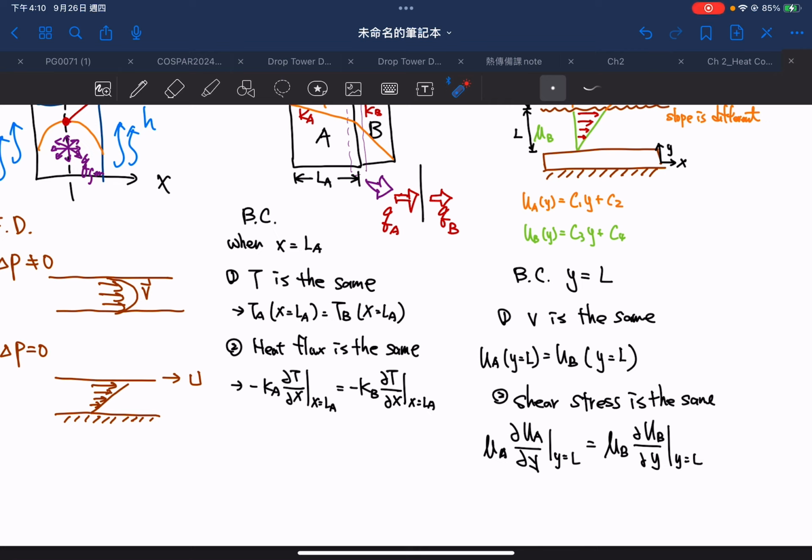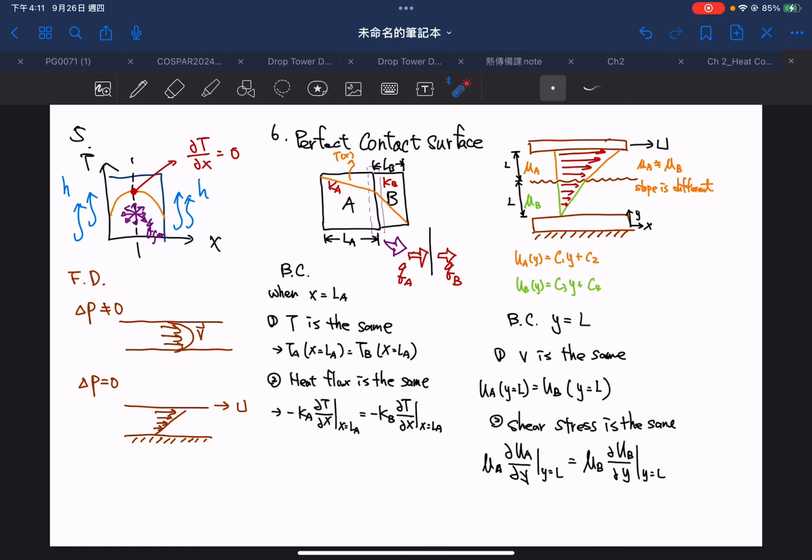That's something I keep talking about from the very first class: heat transfer has a lot of similarity with fluid dynamics. This is just to remind you of fluid dynamics, but it's quite similar to the one we are deriving right now.